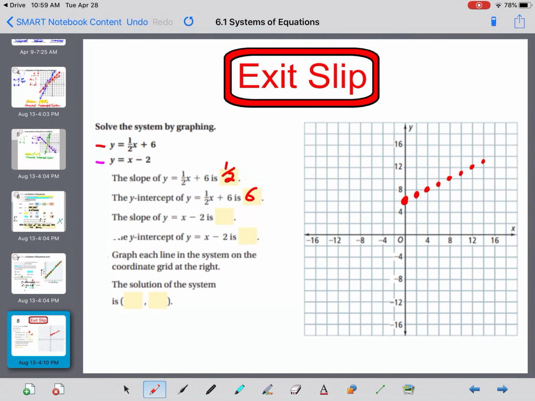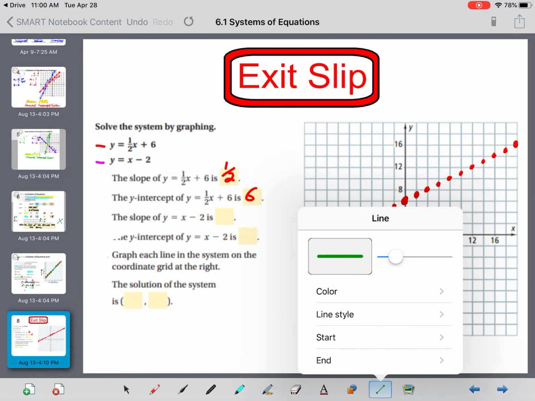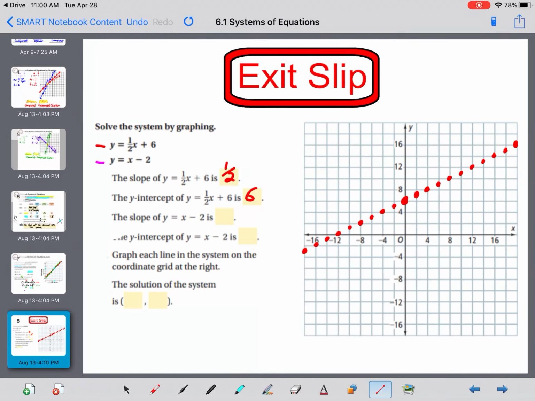Follow that pattern all the way through, middle of a box, corner of a box. And we can connect these points.